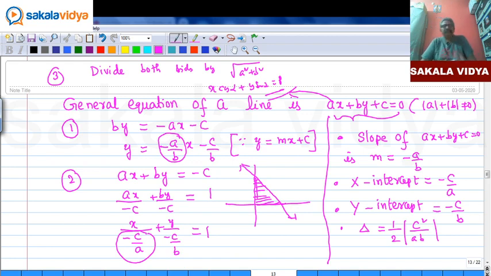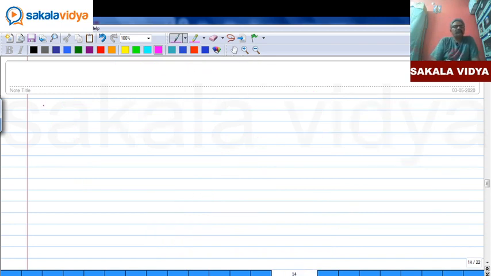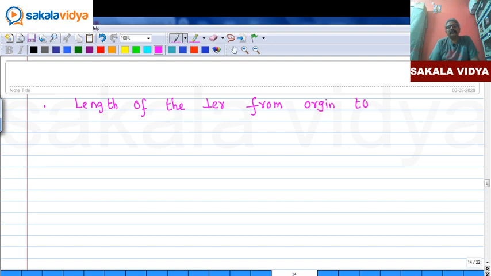Okay, next, length of the perpendicular from origin to ax plus by plus c is equal to 0 is mod c by root of a square plus b square.